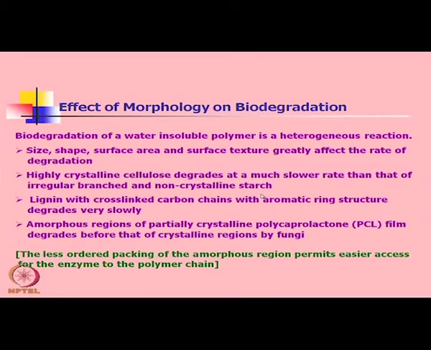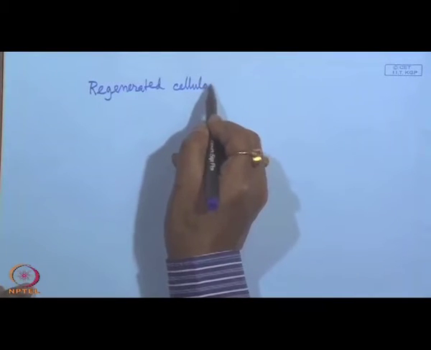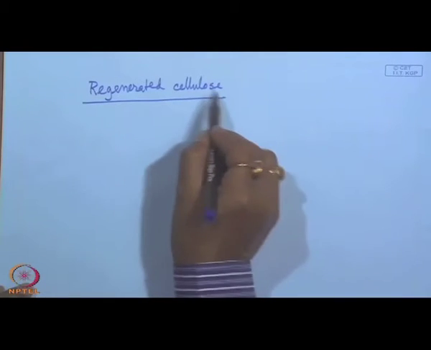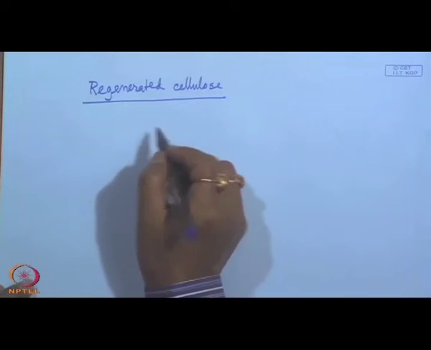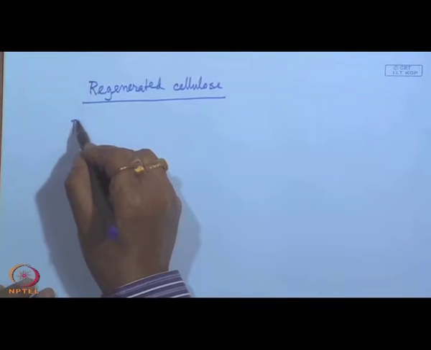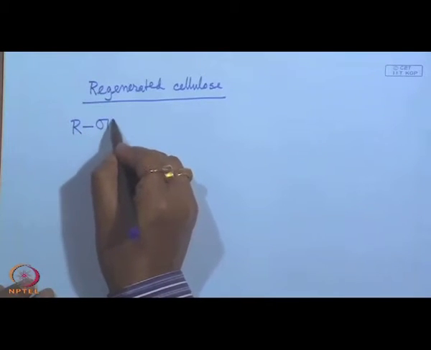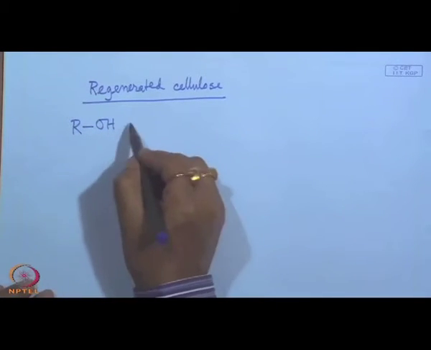So, if the crystallinity in cellulose can be reduced by some chemical treatments, say we take regenerated cellulose. This is also cellulose; regenerated cellulose is also cellulose. It is prepared by, suppose this is cellulose ROH.